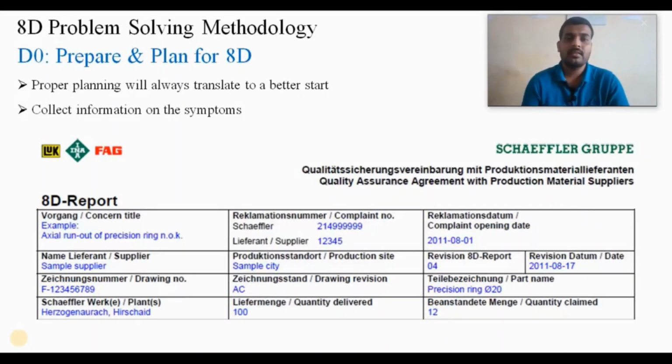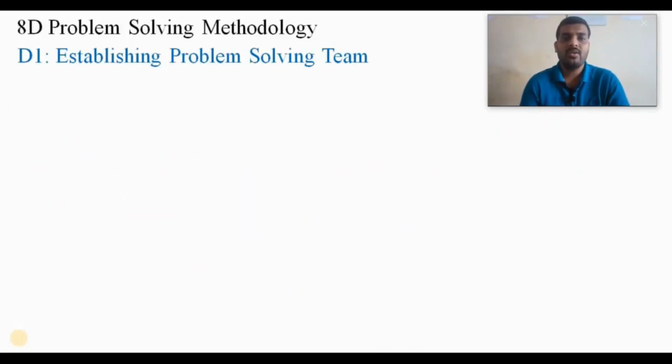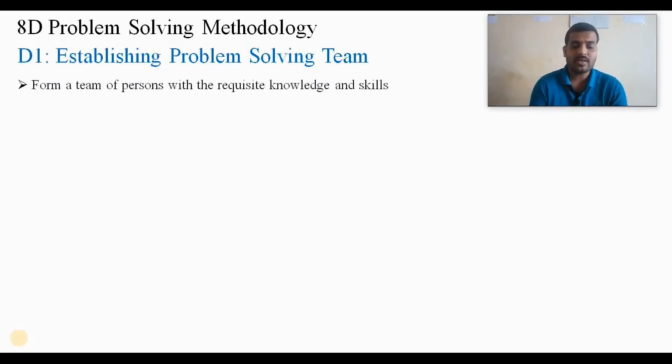With this, now we will move ahead to the D1 phase, that is establishing a problem solving team. Form a team consisting of people who can contribute with their knowledge and abilities to solve the problem. Here you can also add a customer representative or supplier representative.